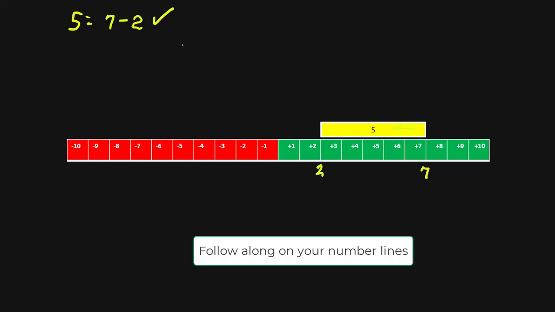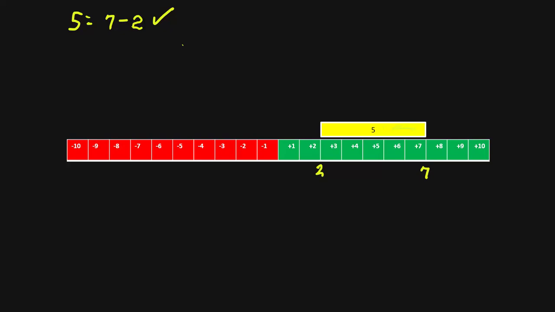And hopefully you can see how we relate the numbers 7, 2, and 5 on this number line to get the equation at the top of the page. Now I'll give you a second to look at that. Now I'm going to erase this 7 and this 2, and I'm going to move that 5 over to the right to about 9.